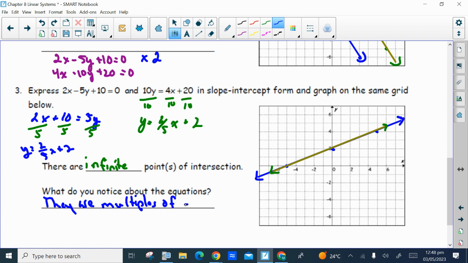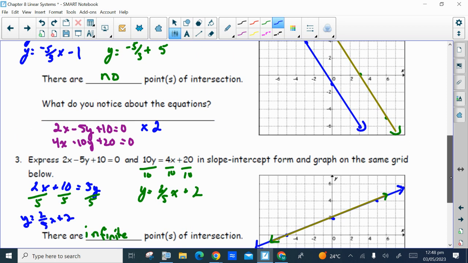Because you can actually do it two ways. You can go from the first equation and multiply it by 2 to get the second equation, or you can start with the second equation and divide by 2, or multiply by a half, to get the first. It goes both ways. But all the terms are the same multiple of each other, all the terms. And because of that, they are in fact the same equation.